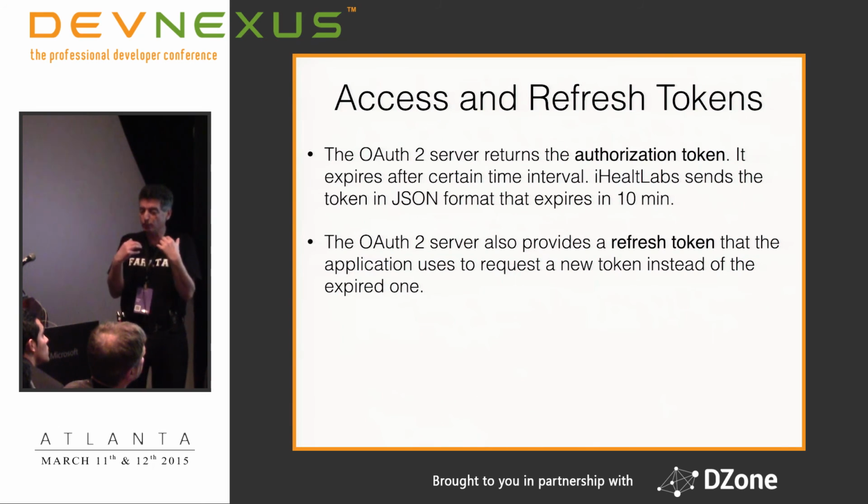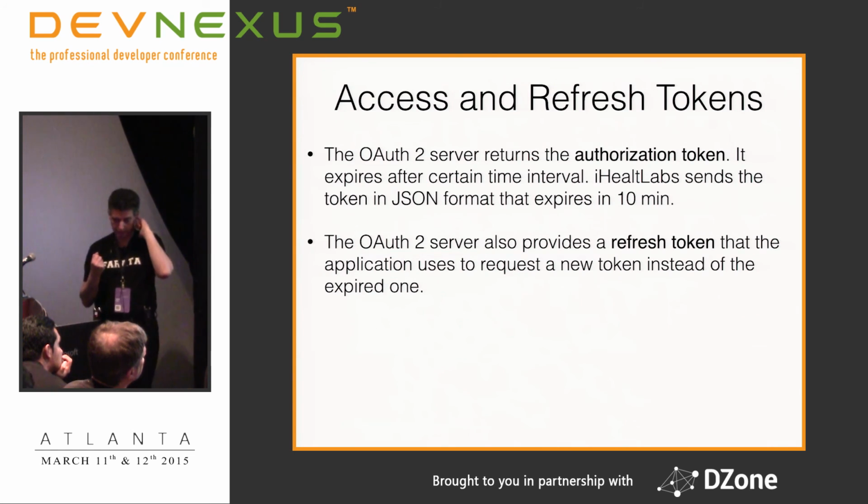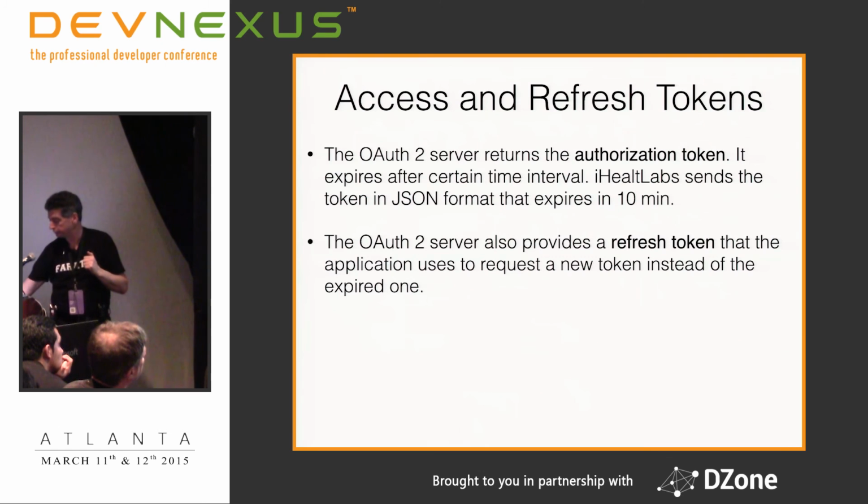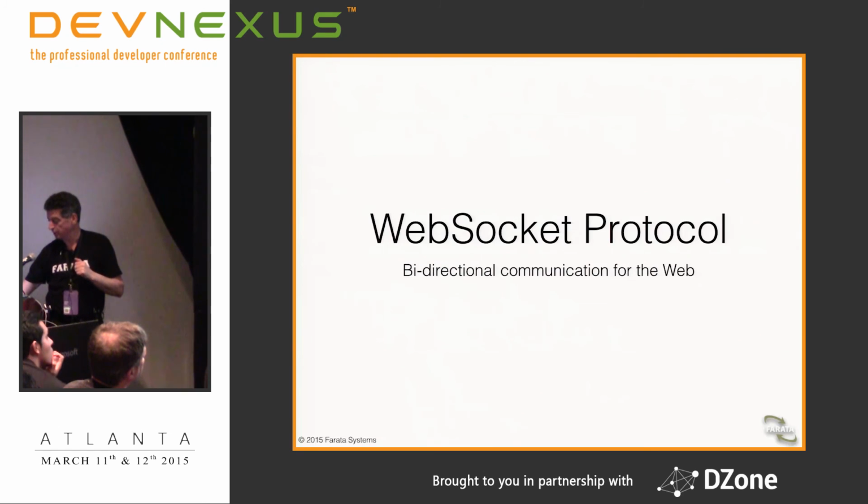But when I get the token, I may get another thing that is called a refresh token. And if the time expires, 10 minutes is up, and that token is not working anymore, then I can make another request giving the refresh token to the server, saying, all right, this is a refresh token, please take a look at it. It's mine, yep. So give me a new authorization token, and I will get a new one. So that's how it works.